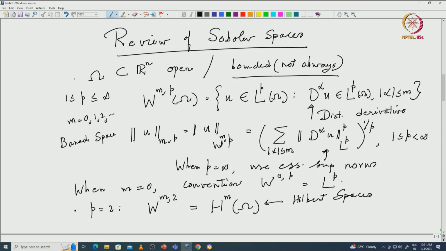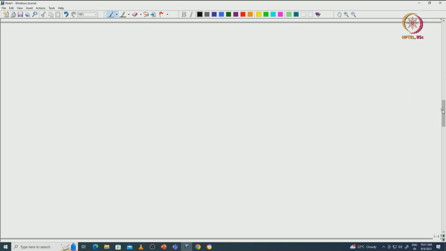The inner product (u,v) in H^m is the integral over Omega of D^alpha u times D^alpha v, summed over all |alpha| less than or equal to m.